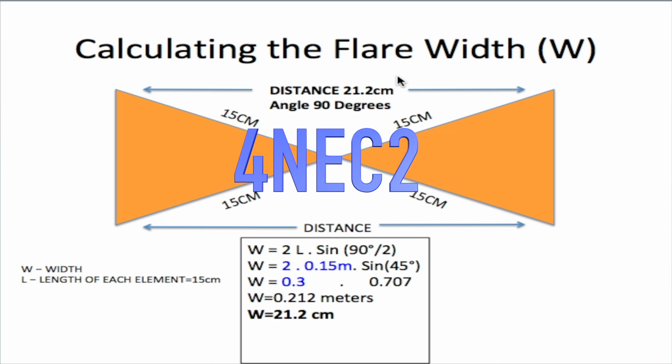You might want to take a look at 4NEC2 if you're new to software modeling, and you might have to download it and install it onto your computer. I believe that this software works with PCs only. I don't believe that it actually works with the Mac. But you can check that out again. But I don't believe the last time I checked, it was actually working with the Mac computers.